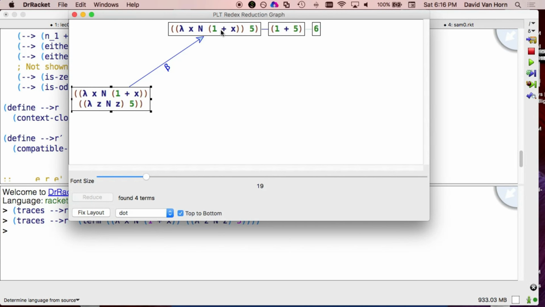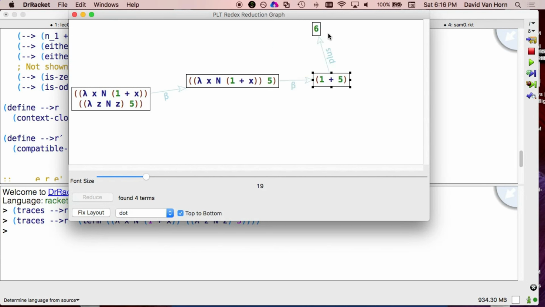Right. So this example didn't show what I was expecting, but that's because what I have right now is the call by value lambda calculus.